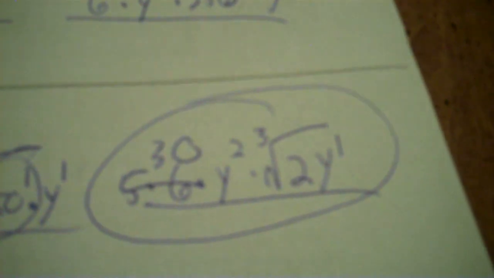From the cube list, it's divisible by 125, so you have 125 and 2. So a 5 goes out, and then a 2 goes in. You got to take 5 times 6, and so it'd be 30 times y to the second times a cube root of 2y.